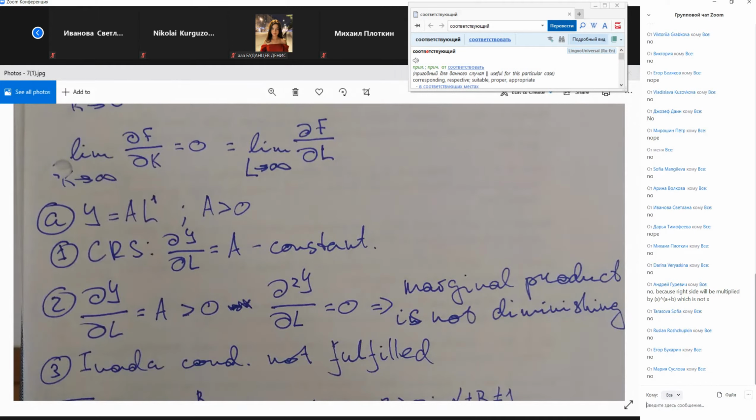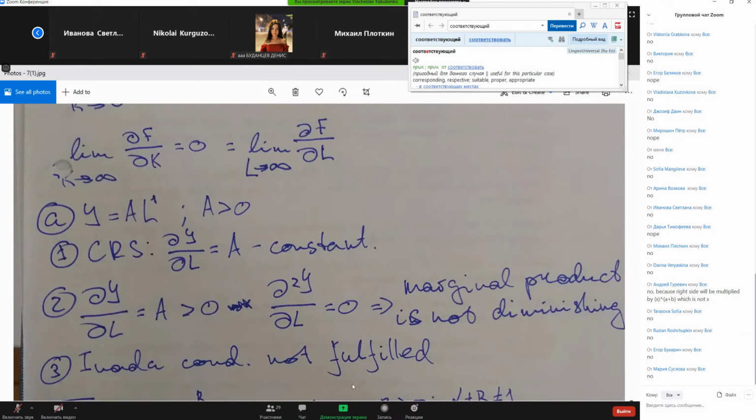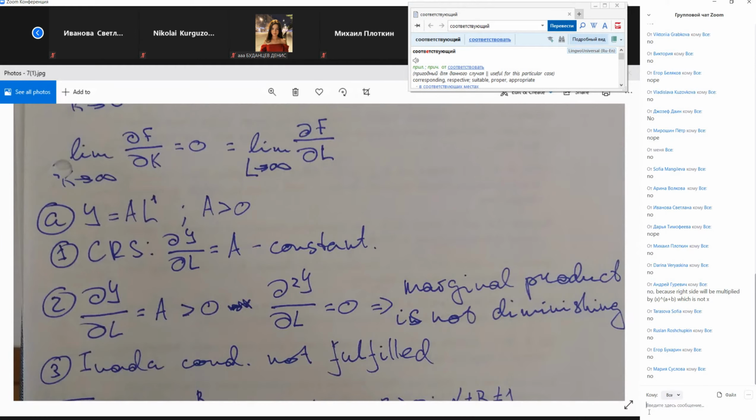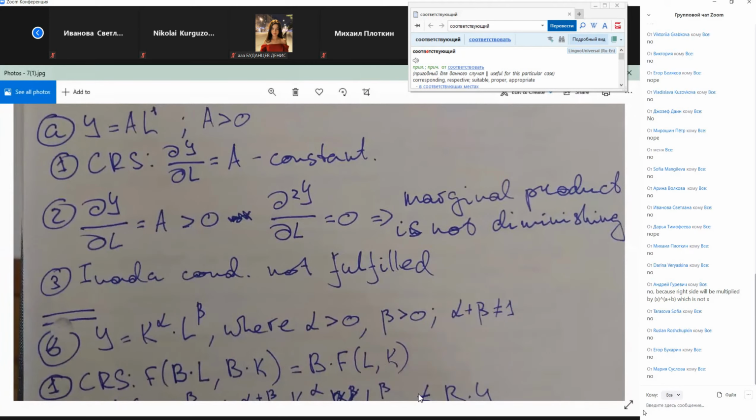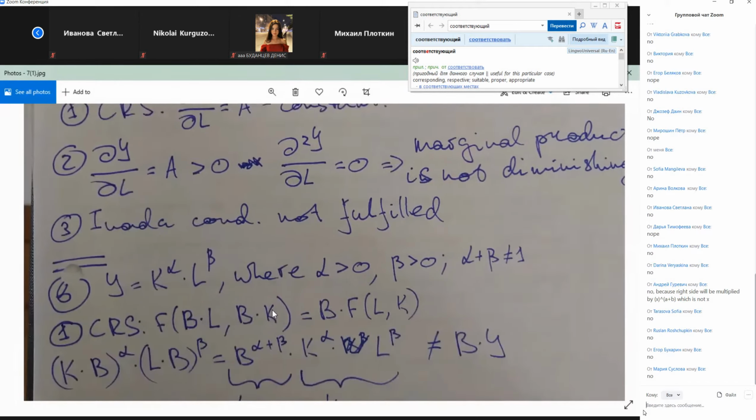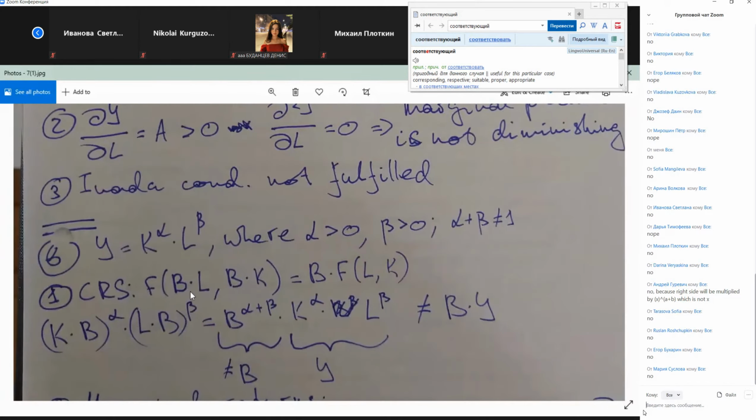So basically, we know from the task that alpha plus beta is not equal to 1. And then we have to multiply both inputs. That's kind of important. Yes, not just one, but both by some constant. I just took constant b, just like the first letter I could think of.